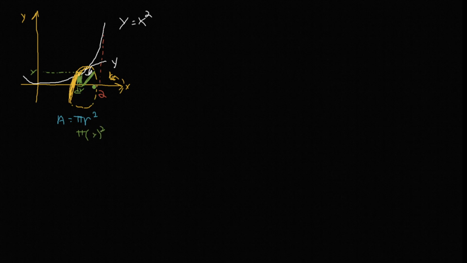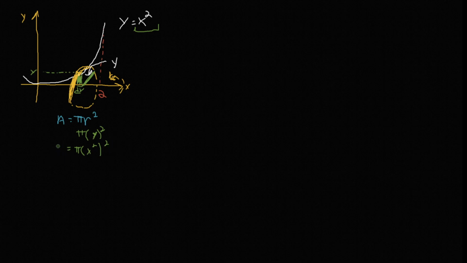Y is our little radius here. And we know what y is in this case. It's actually x squared. We are rotating about the x-axis, so we can do this in terms of x. So we want this to actually be pi times x squared, squared.